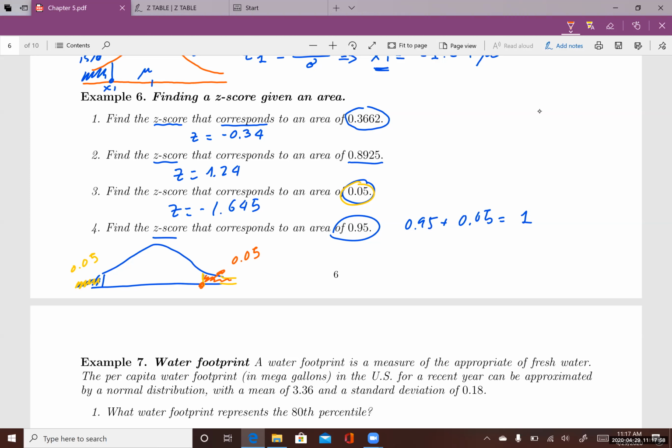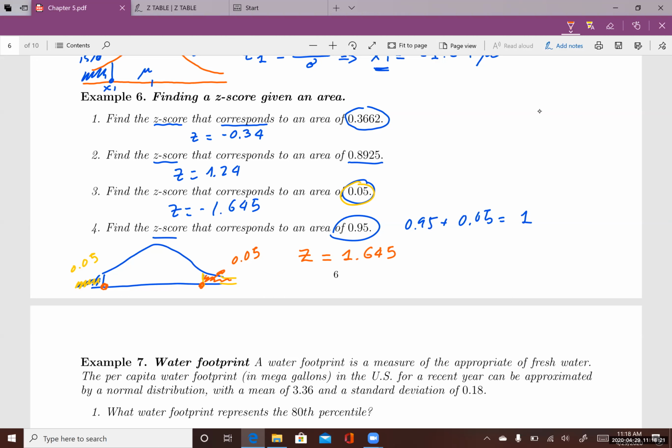If you look at this z value, that means the z value that corresponds to 0.95 is the opposite of the z value that corresponds to 0.05. So the z value, without using the table again, I know is positive 1.645.